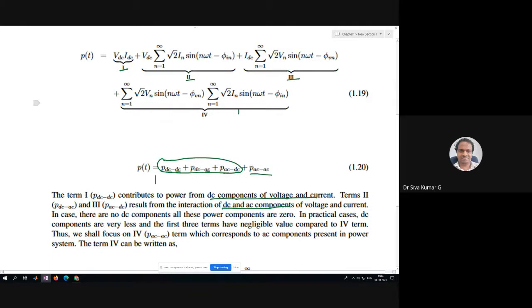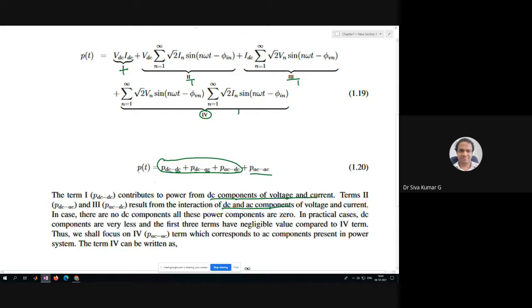In that case, we'll be having the fourth equation. Why I have given the first and second terms is to understand how the instantaneous power looks when there is a DC component of voltage and current.